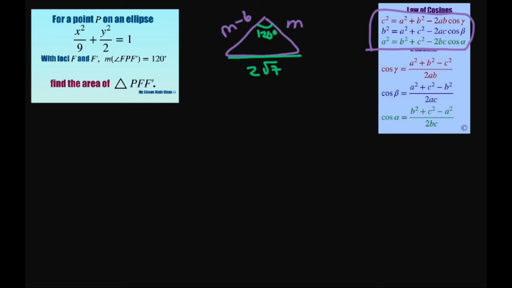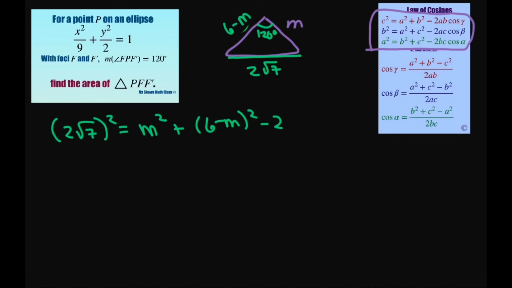So we're going to use 2 square root of 7 squared equals M squared plus 6 minus M squared minus 2M times 6 minus M cosine of 120 degrees.